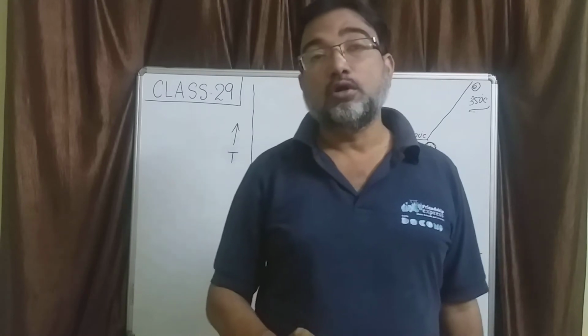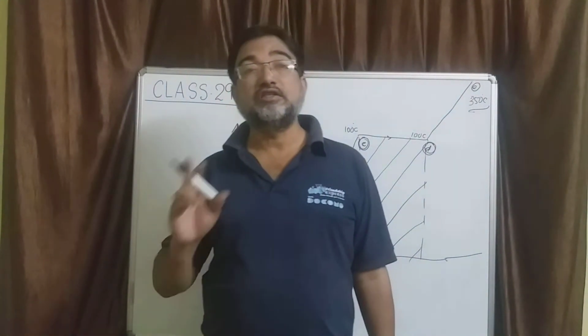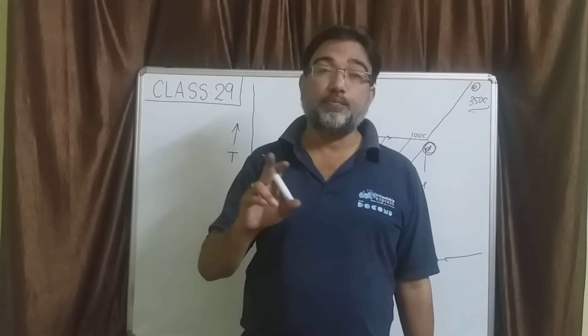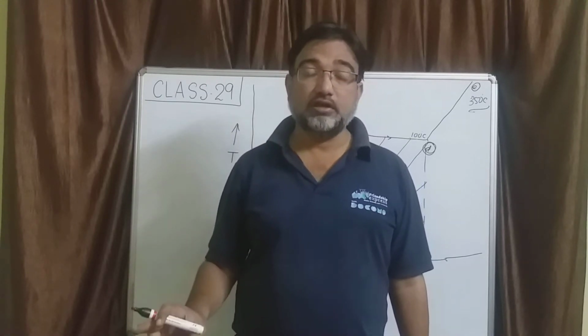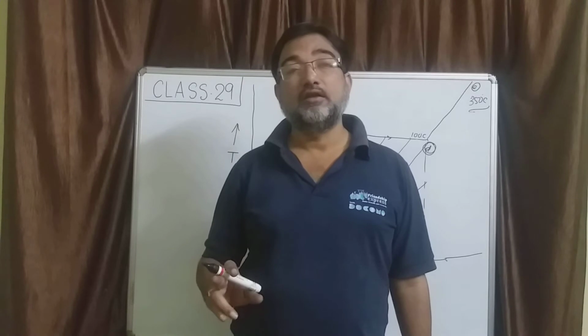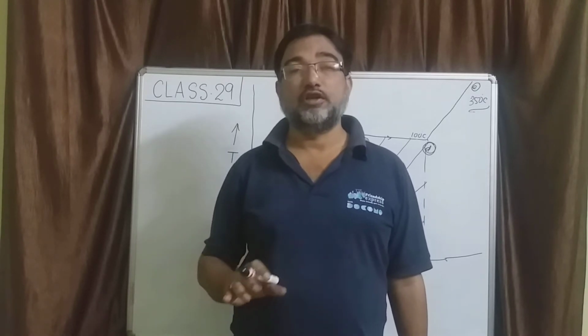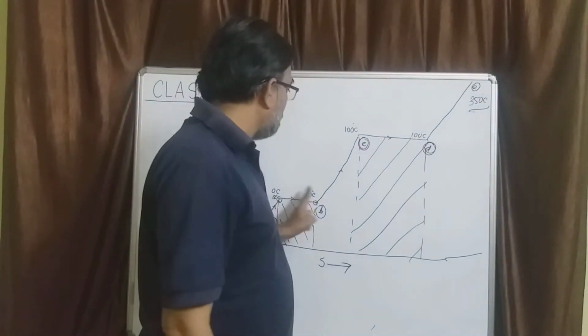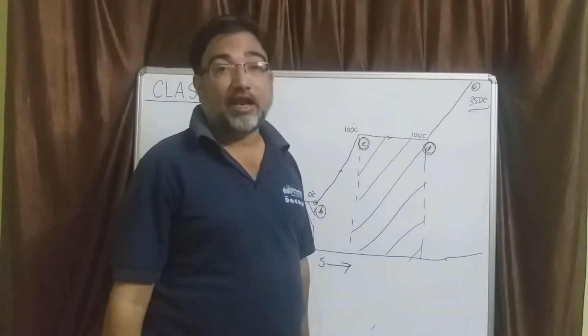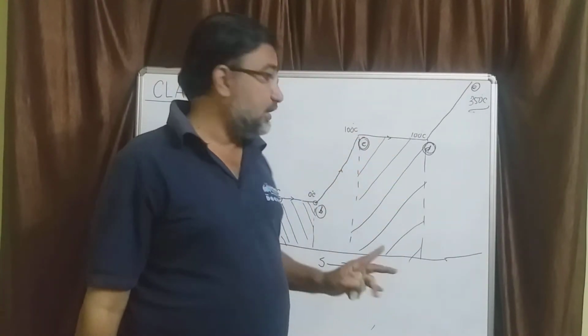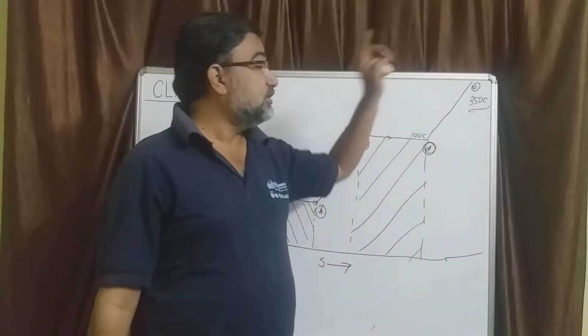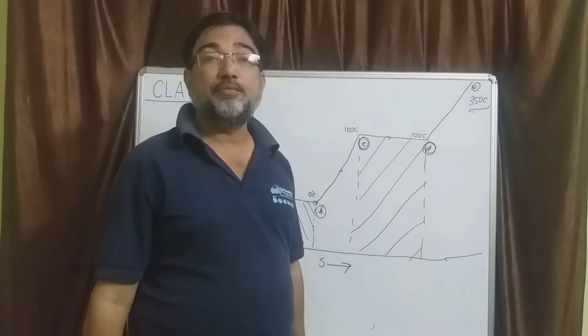The answer is no. These are the respective melting and boiling points for water only when the pressure is atmospheric. So this line and these values are valid only when this line is representing an atmospheric pressure line.